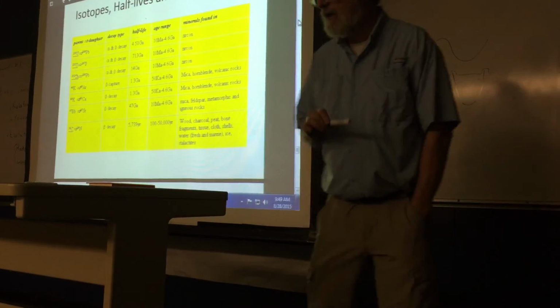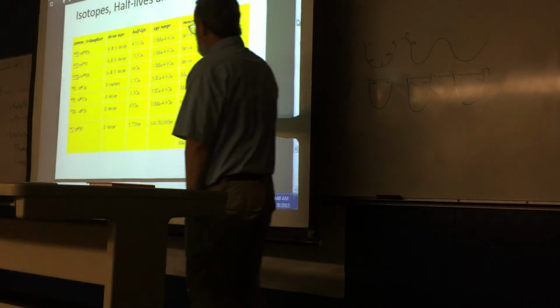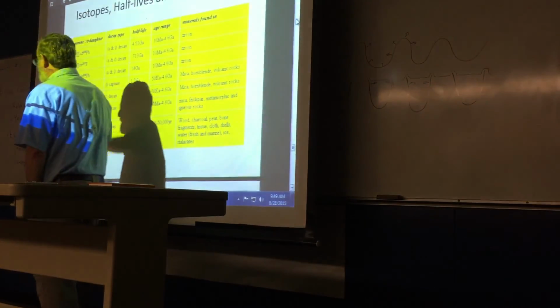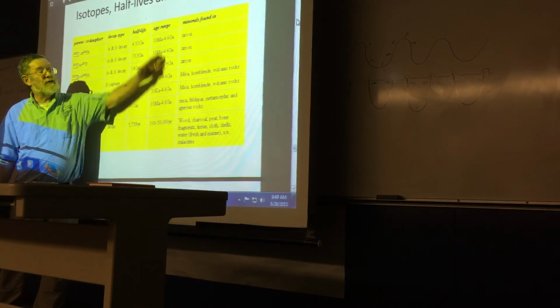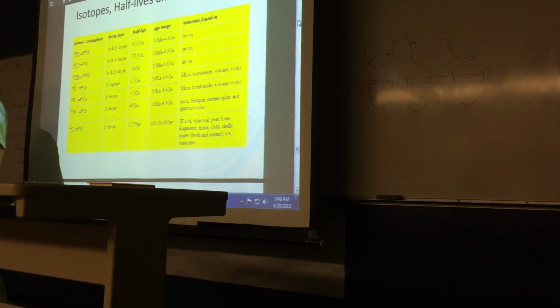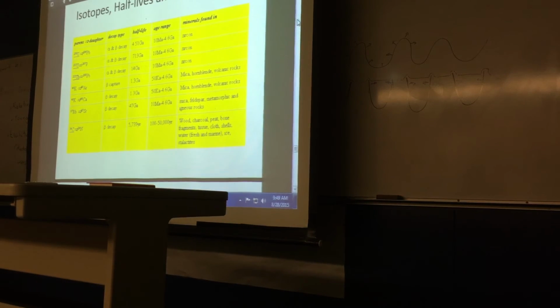We have to be a little bit careful in that range, but there are ways to tie this down very effectively, and the relative time range that they're good at dating. So radiometric decay helps us affix a particular time, and on your time scale, those ages that have a little clock by them have been determined radiometrically.